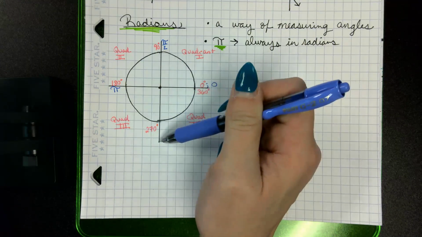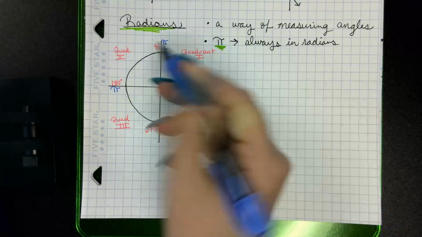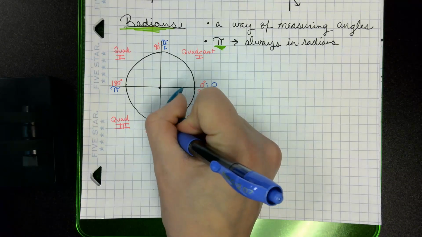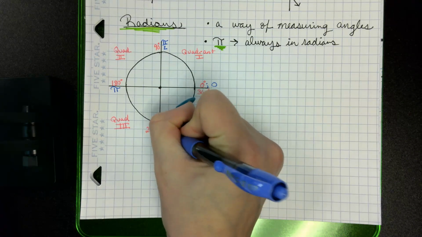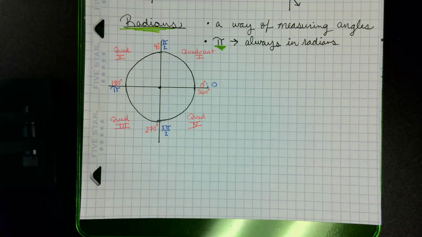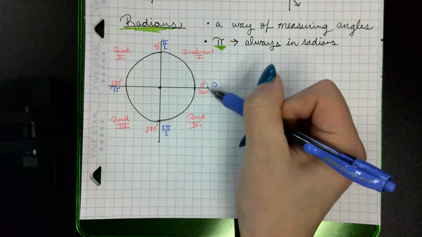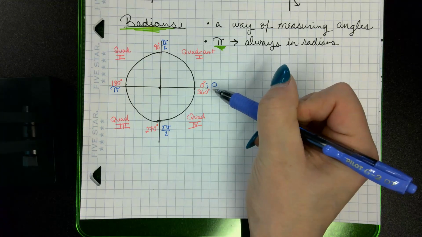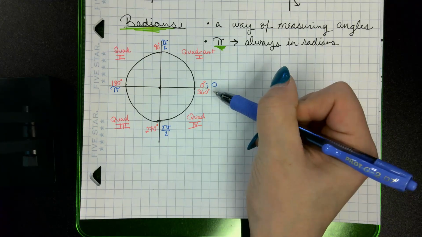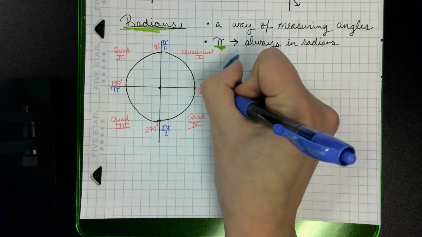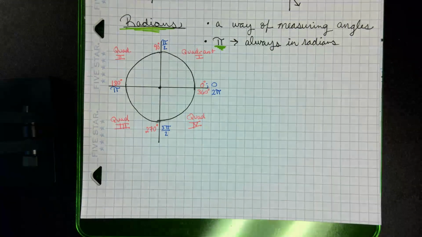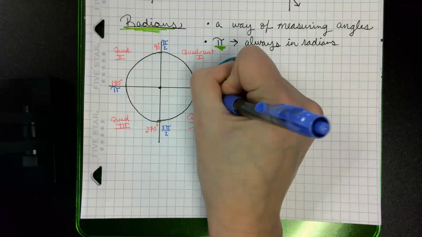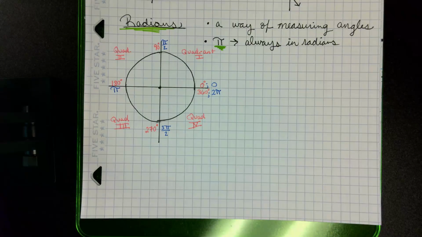Then if we want to come down here, that's 3 quadrants, so that's 3 pi over 2. And that doesn't reduce, so we leave it like that. Then to finish going around 4 quadrants, that would be 4 pi over 2, and 4 over 2 reduces to 2 pi. So going all the way around a circle in radian measure gets us from 0 to 2 pi. So 360 degrees and 2 pi are equivalent measures.